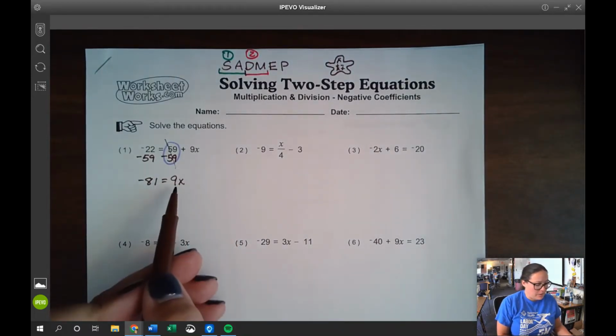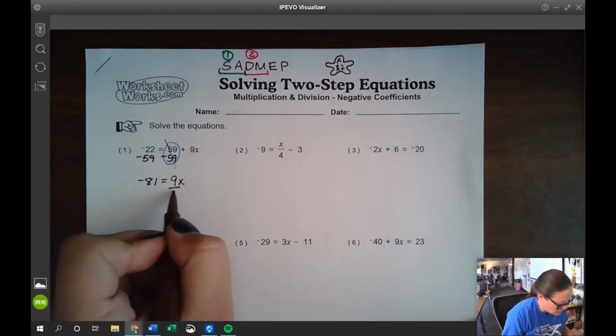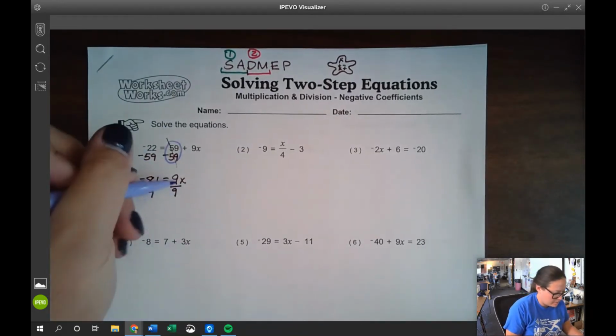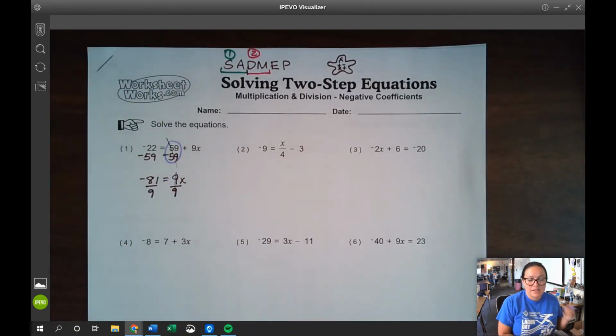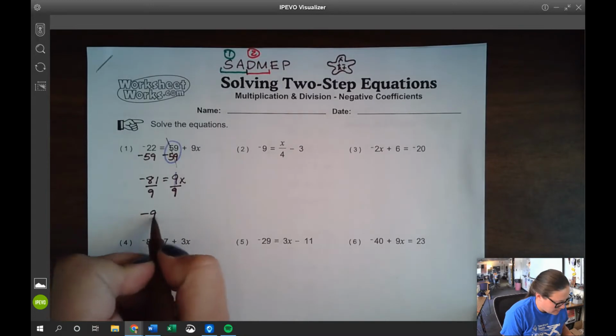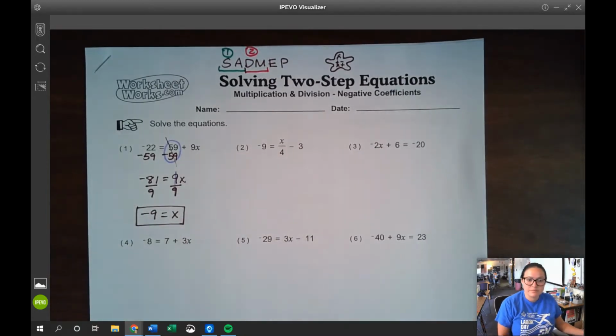Now I need to undo this multiplication, so I am going to divide by 9. Because 9 divided by 9 is 1, so that 1's out. We have 1x, which is just x, and negative 81 divided by 9 is negative 9. Then we put a box around our answer.